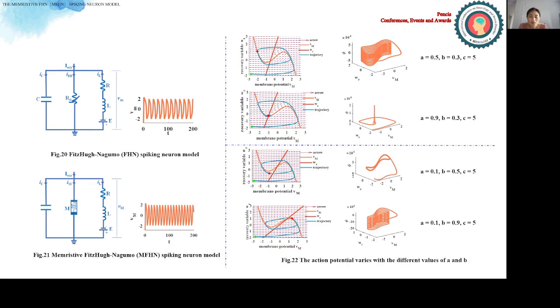The MFHN spike neural model is very sensitive to the control parameters A, B, and C. The different parameter values affect various dynamic behaviors, the generation of action potentials, and the spiking frequency. We can see it in figure 22.